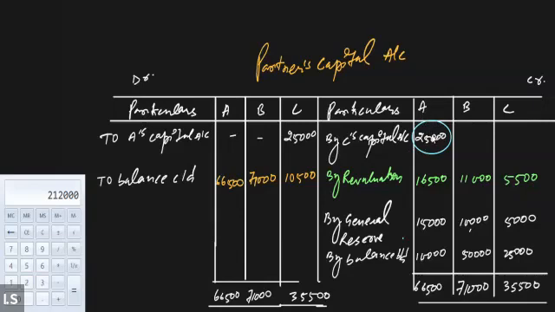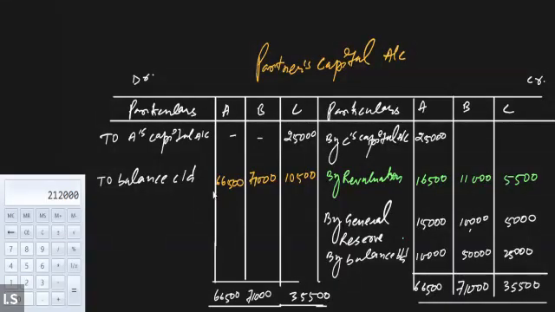But where is this amount coming from? This amount is being contributed by C. So we'll write down the name of C, by C's capital account, 25,000. Got it? This is how journal entries will be posted to the partner's capital account. I hope this is clear to all of you. Eman, Halima, and Sani? Yes, sir.